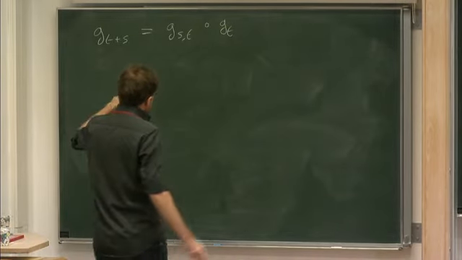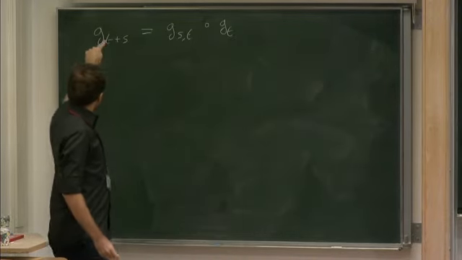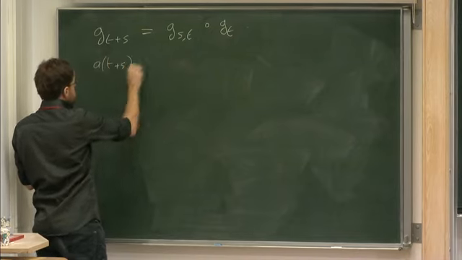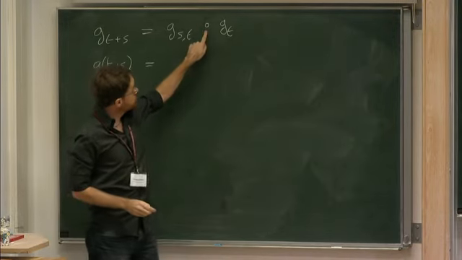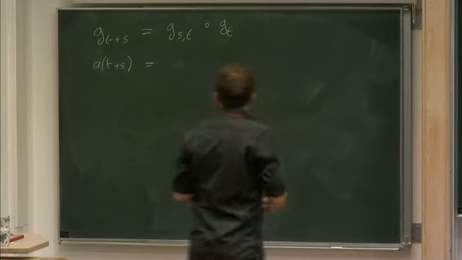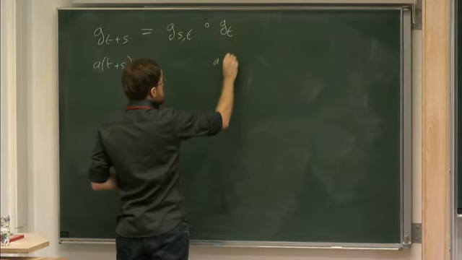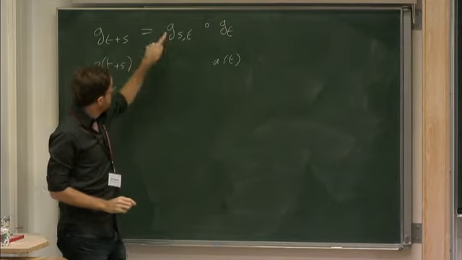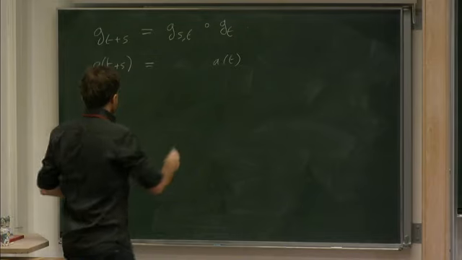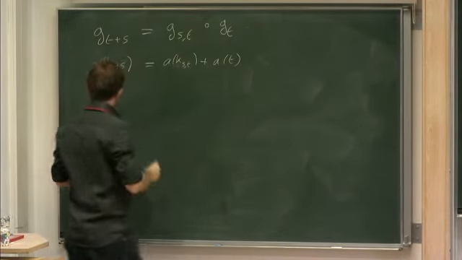Okay, so if we look now at the capacity term here, we get A of t plus s, and here we get a composition of two maps. So we apply our computation here. The 1 over z term of g t is A of t, and the 1 over z term here is the capacity of the set K s t. So we get something like that.